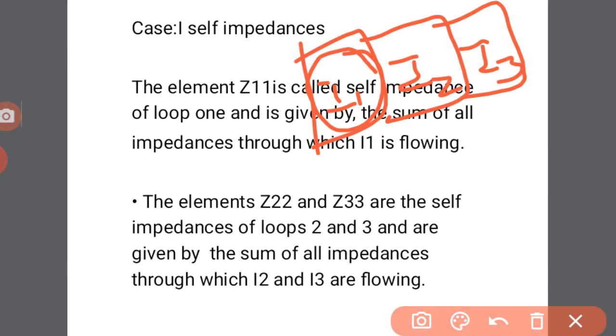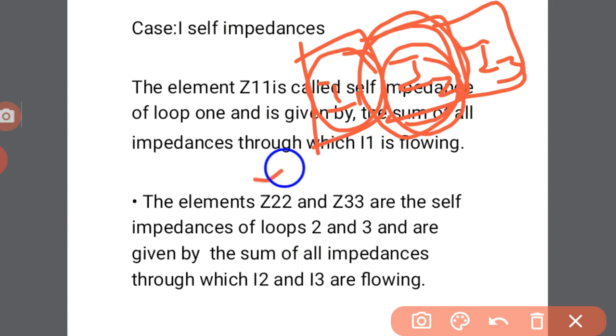Next, the elements Z22 and Z33 are the self impedances of loop 2 and loop 3 and are given by the sum of all impedances through which I2 and I3 are flowing. In the same way, when the I2 current is flowing through the loop, the sum of all the impedances through which I2 is flowing is equal to Z22, the self impedance of loop 2.